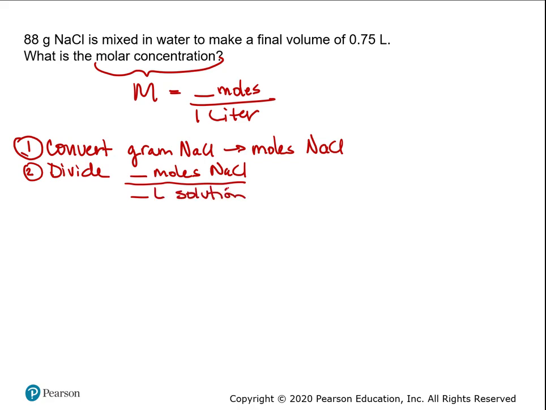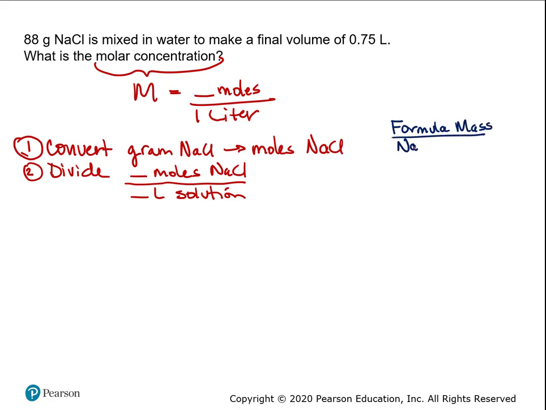And that'll tell me moles per liter. So figure out the first step. What do I need to find to go from grams to moles? So I need to know the formula mass.